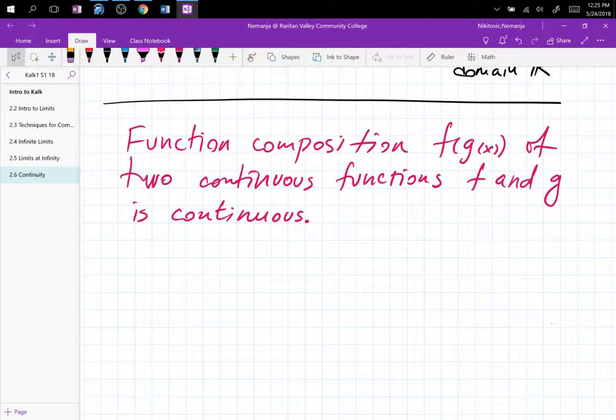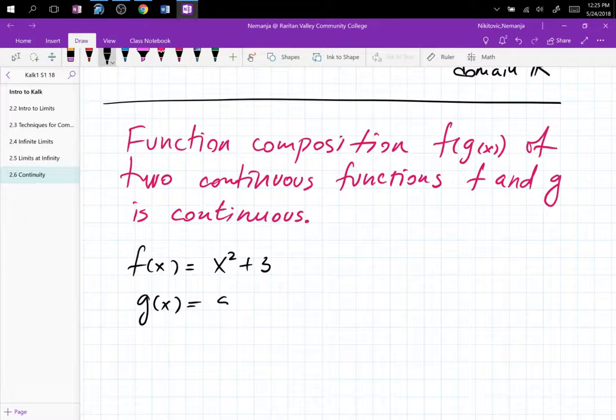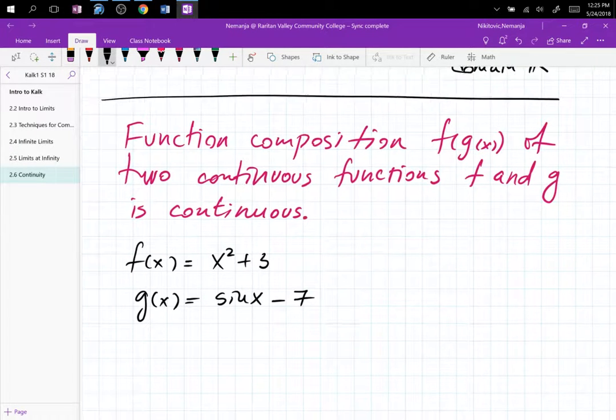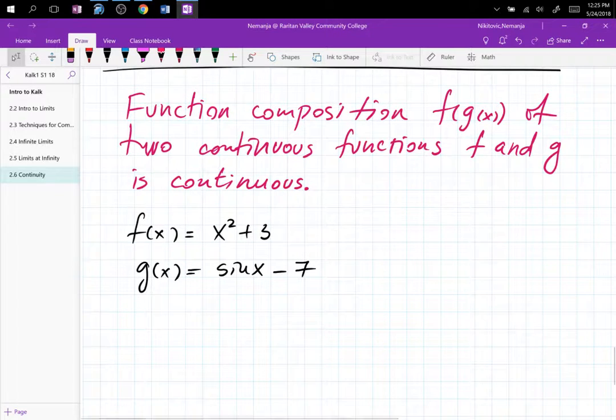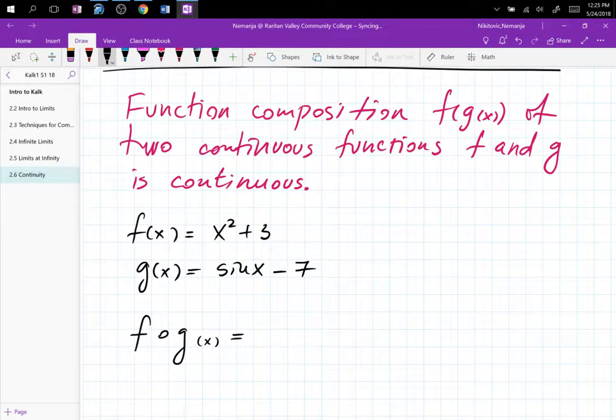So, if I have that f of x is given as, let's say, x squared plus 3 as before, and g of x is equal to sine x minus 7, whatever, then f composed with g of x, which is actually f of g of x, is also continuous.